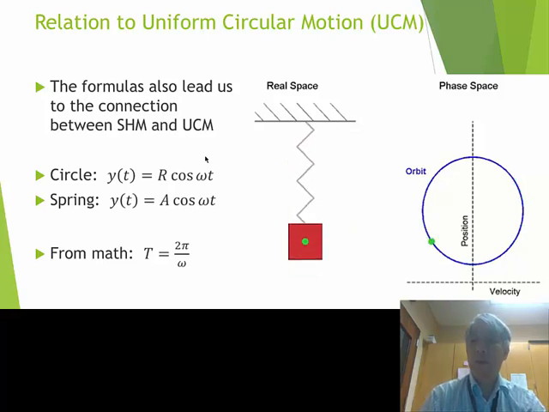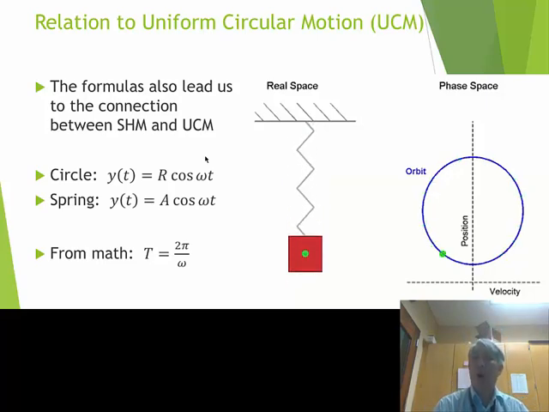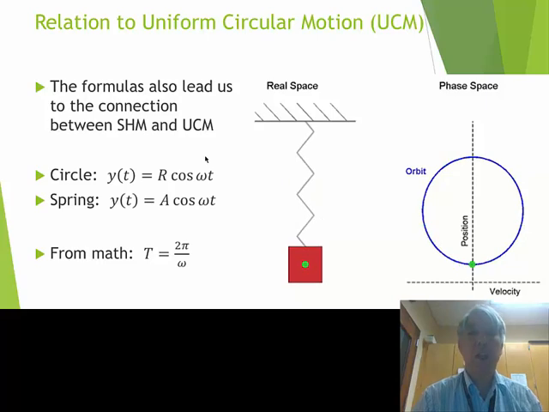If you look at the point of the green dot on both of them, they're pretty much at the same location vertically. So in the circle, we could say that y of t is equal to r times cosine omega t. We've seen that in math class, and the same thing here. On the spring, we can say the same thing, except instead of r being the radius, A is the amplitude, but it's pretty much the same concept.